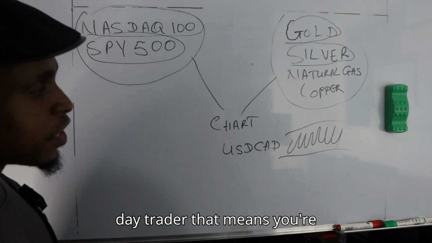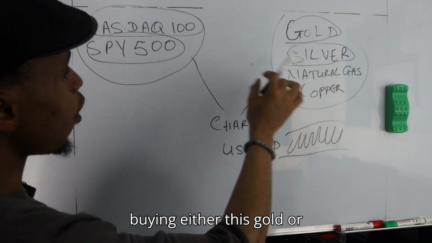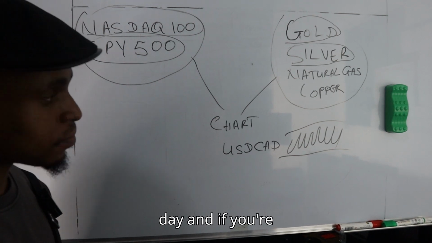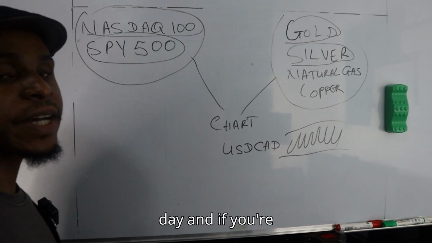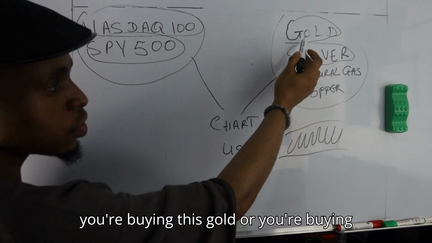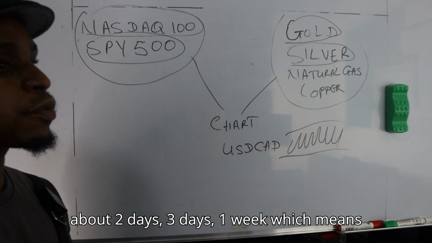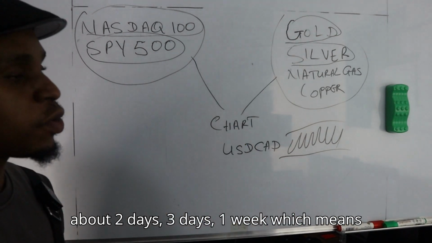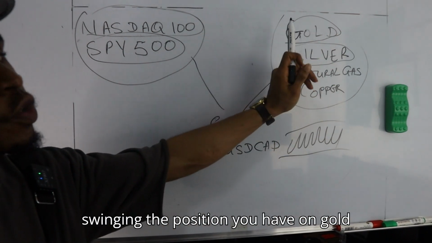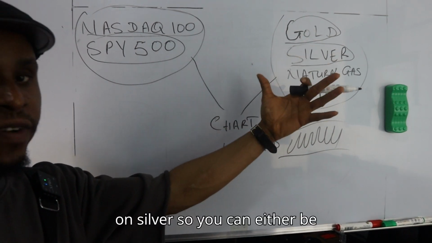If you're a day trader, you're buying either this gold or Nasdaq, and you're selling it that day. If you're a swing trader, you're buying this gold or silver and leaving it for about 2 days, 3 days, 1 week, which means you're swinging that position.